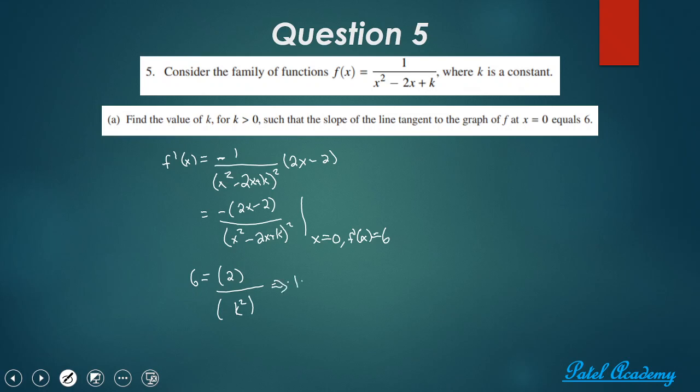So then I see k squared is equal to 1/3, and k is equal to plus or minus root 1/3.